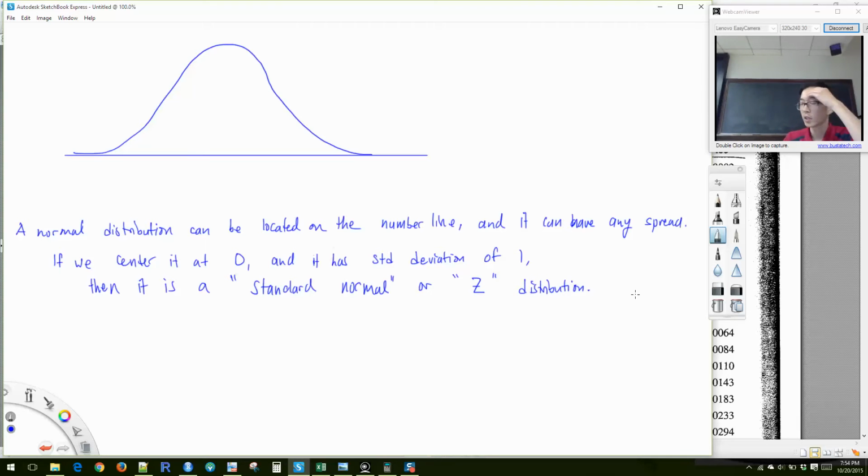Okay? And so the table that you have is called the Z table. This is the standard normal table.